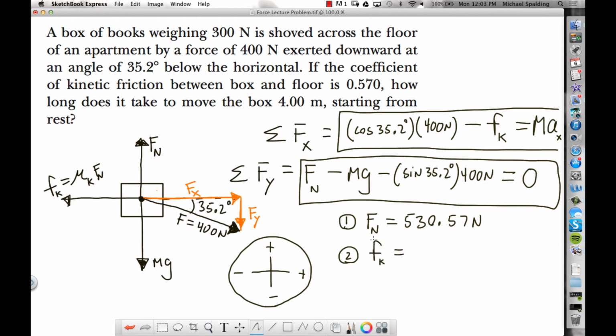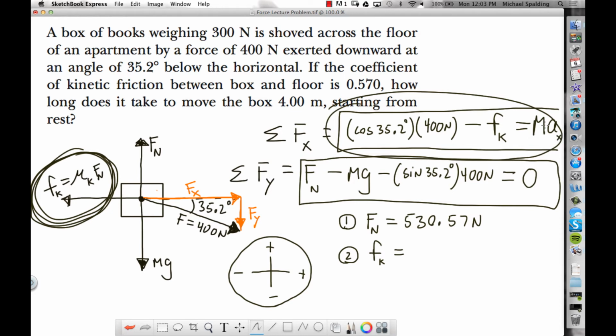Okay. After you find the normal force, you're going to solve for friction. What is the kinetic friction? Now, how can you get the kinetic friction? Well, no, you're not going to get it from up here because we don't have acceleration yet, right? You're not going to get it from this equation because we don't have the acceleration. The way you're going to get friction is from this equation. What's the equation for friction?